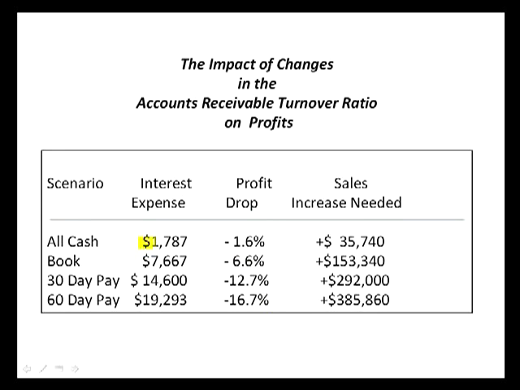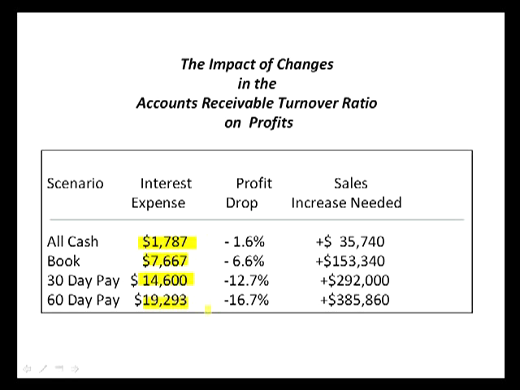At this point, the interest expense, 8% for 6 months on the average balance, is $1,787. If we go to the one in the book, the interest expense rises to $7,667. When people are paying all in 30 days, the interest basically doubles to $14,600. And when we go with everybody paying in 60 days, the interest expense now rises to $19,293.